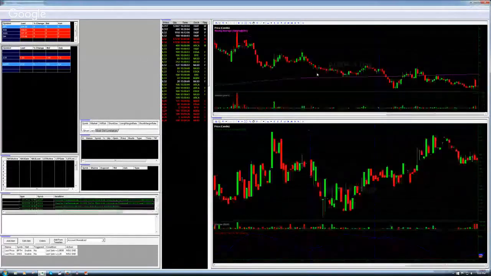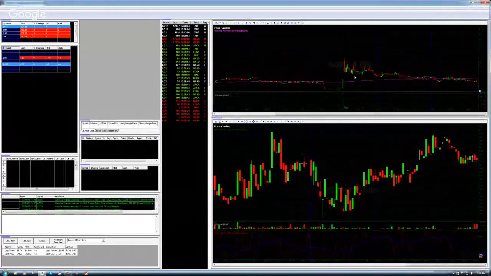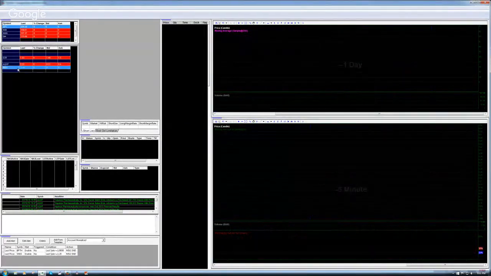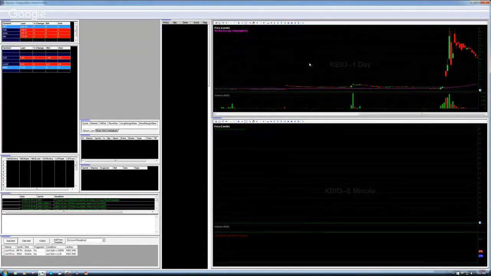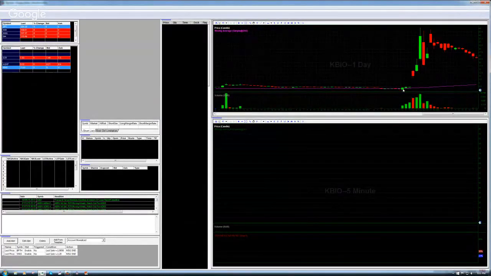AQXP, super low float stock. Back in August of 2015, it went from $1.97 to $56 in 2 days. KBIO, if you've been around trading for a little while, you've definitely heard this name. The stock went from 40 cents to 250, and then Martin Shkreli announces that he's acquired 75% of the outstanding shares.